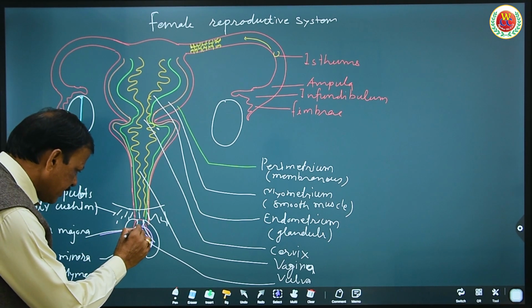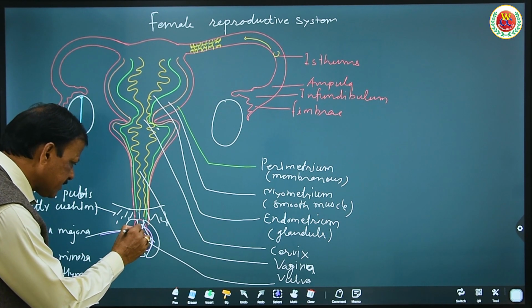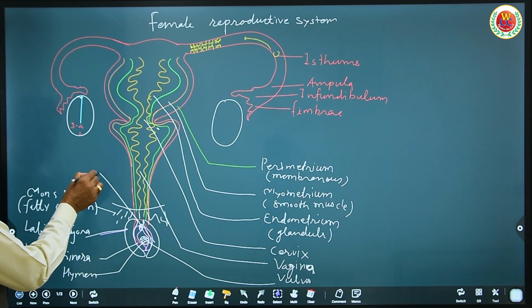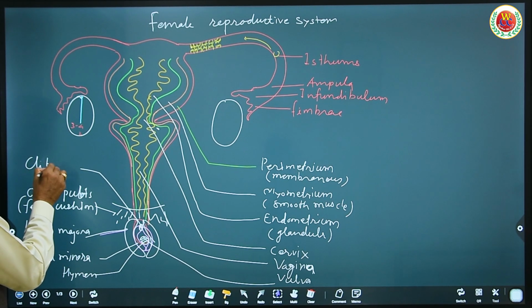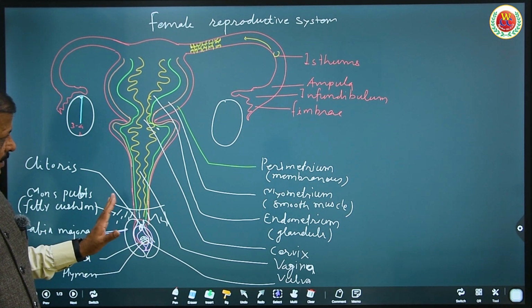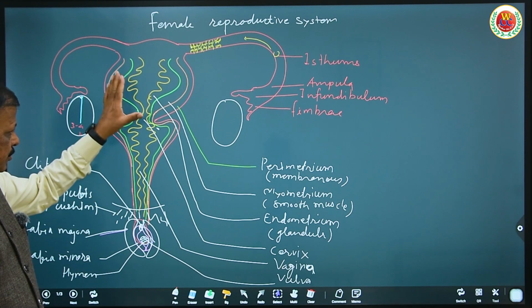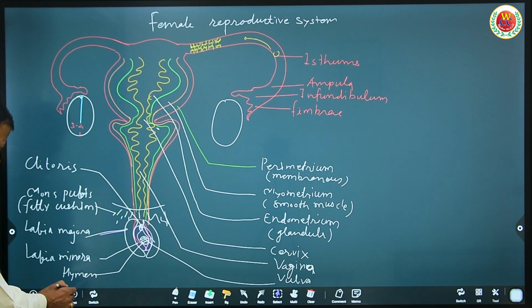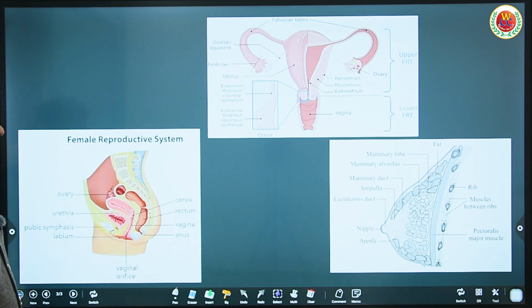Along with the labia minora, there is a structure of erectile tissue called the clitoris. It is homologous to the male glans penis. This is clearly mentioned in the textbook, so you can go through it.